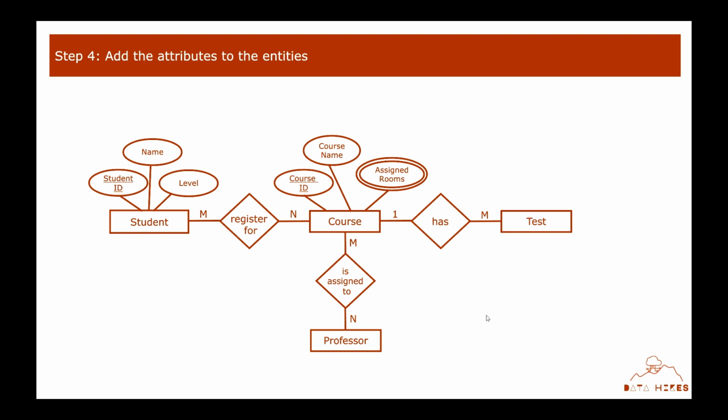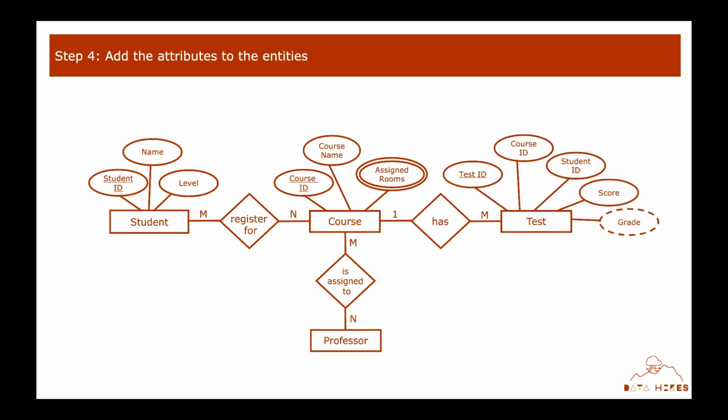The third one is the most interesting one, I feel, which is test. Let's look at the attributes for test. Observe here that the test ID is the unique identifier for a test. However, for each test, we also need to know the key attributes from student and course.